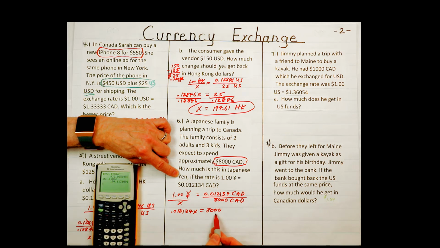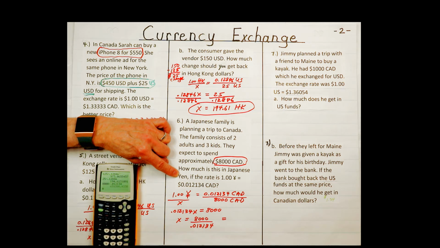8,000 times 1 is 8,000. And we're going to divide both sides by 0.012134. And what are we going to get? 8,000 divided by 0.012134. This is going to be a lot of Japanese yen.